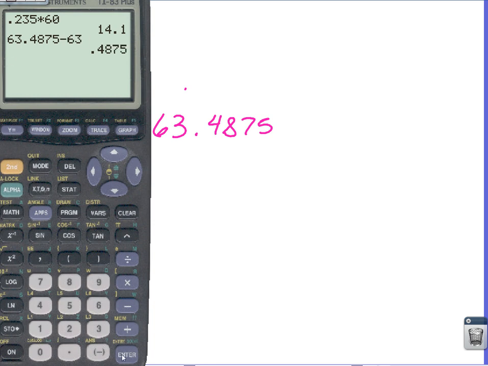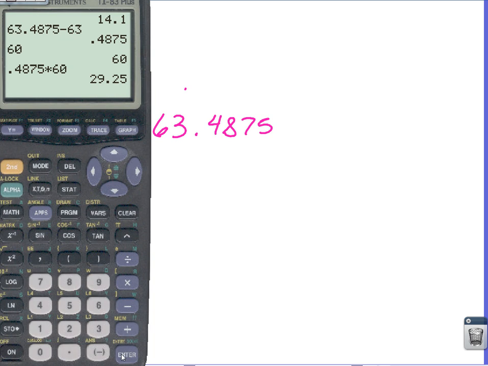You're left with 0.4875. 63 full degrees. Take your 0.4875, multiply it by 60. Which I know you wouldn't type that in. I was just putting it up there so I'd have it. 0.4875 times 60 gives you 29 full minutes.